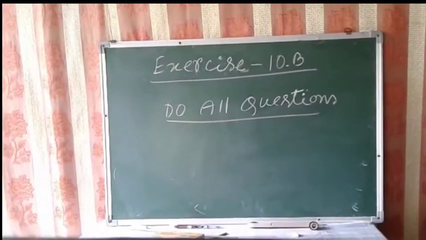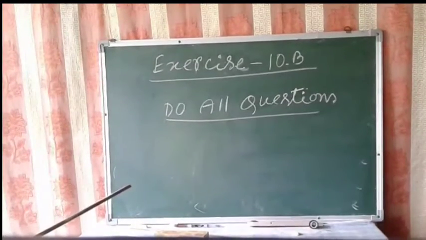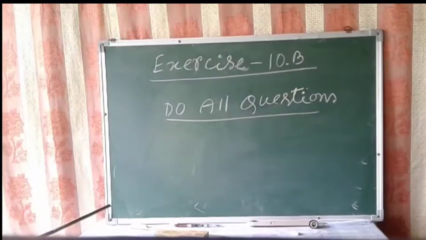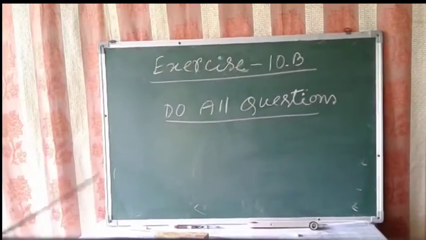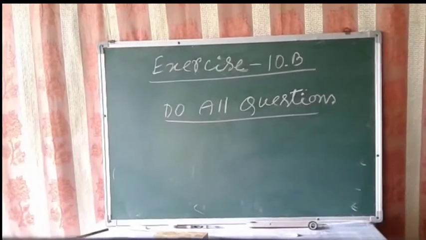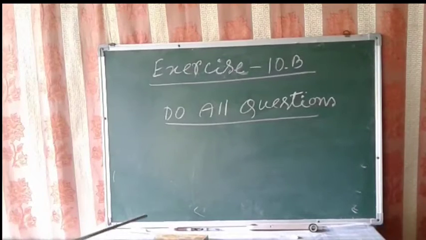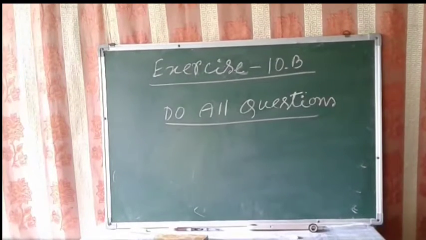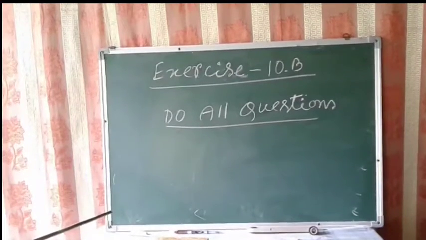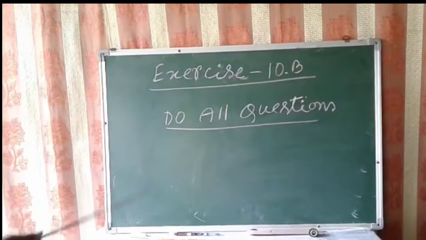Dear students, we have discussed the topic angles, naming of angles, interior and exterior of the angles, and units of angles. After this, I have done some questions related to angles.